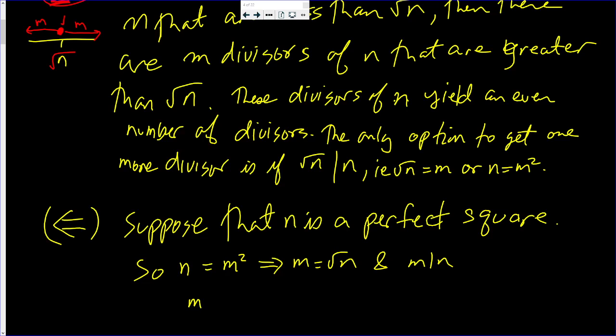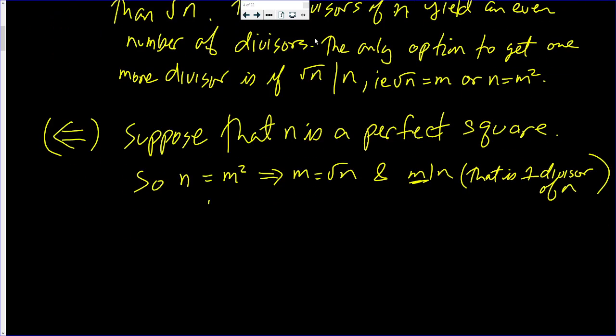Okay, m divides n because n is a multiple of m. The multiple happens to be m itself, but it does divide. So that is one divisor of n. M is one divisor.